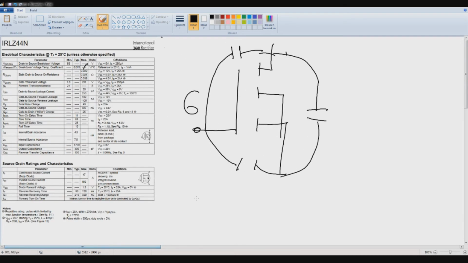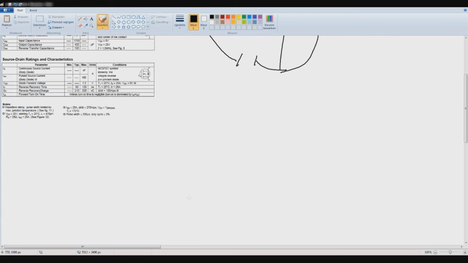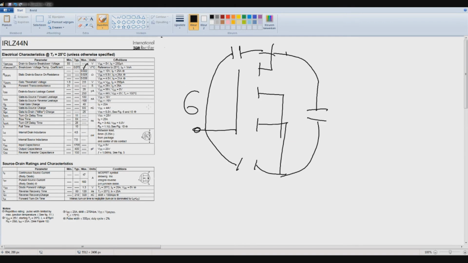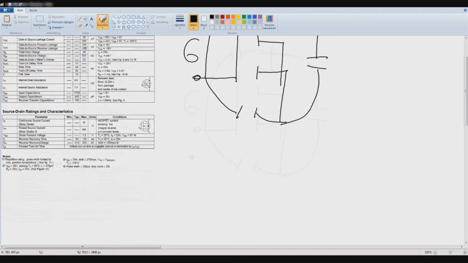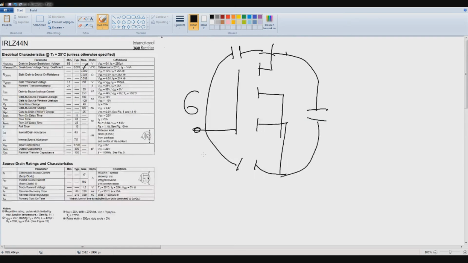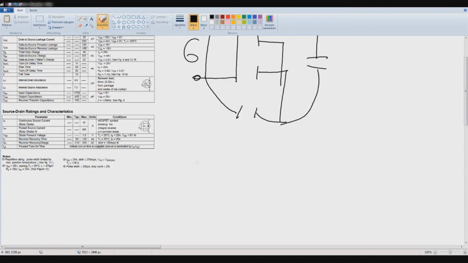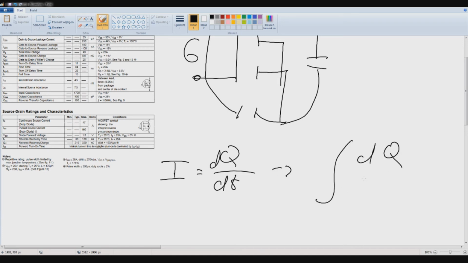That's a really important part in high frequency and gate driving, because you have to supply a certain current, which is, if I remember correctly, Q over T. This is usually dQ over dt, and then you simply integrate.